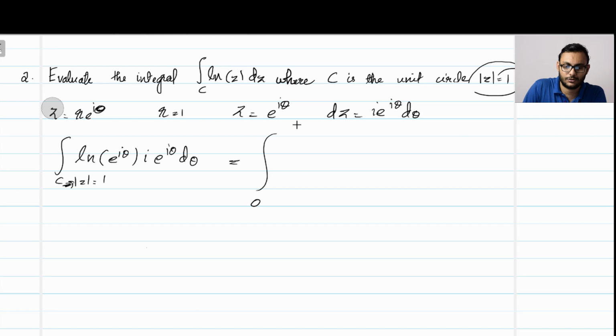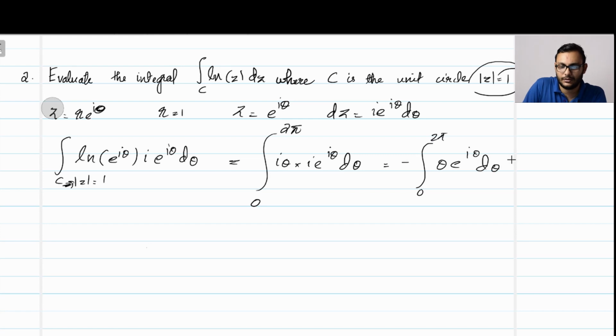So, here from 0 to 2π, this will become iθ times i e^{iθ} dθ. i squared equals minus 1, which will become minus the integral from 0 to 2π of θ e^{iθ} dθ.